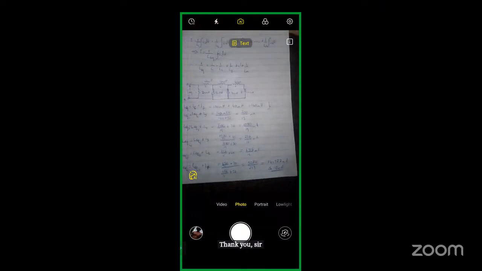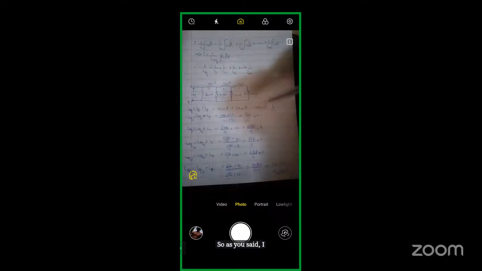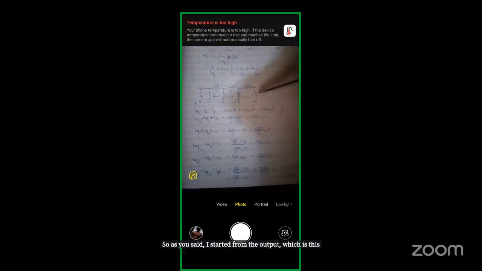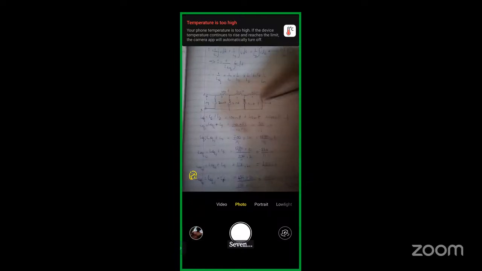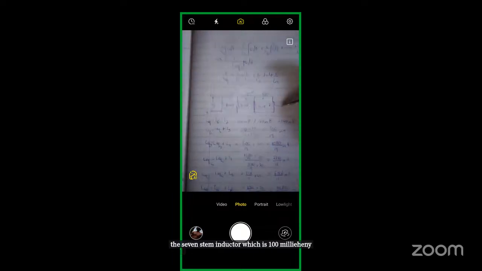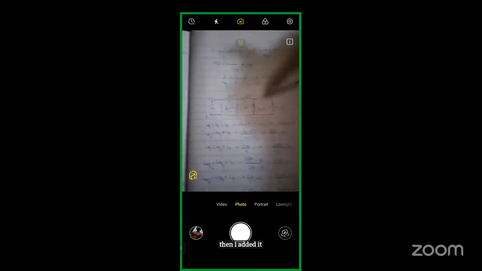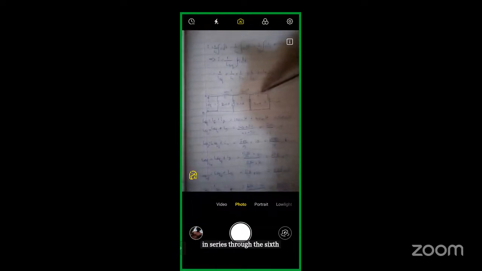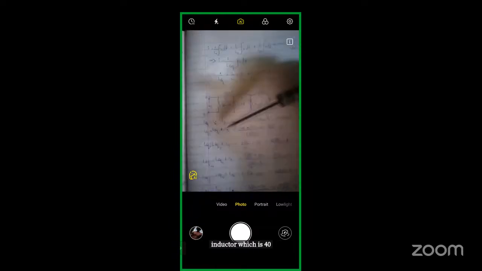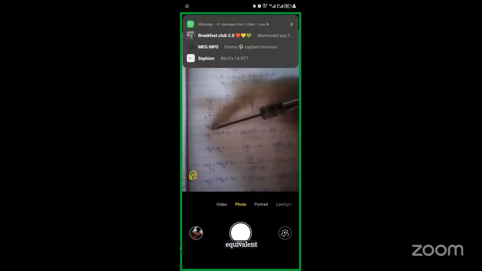Thank you, sir. So as you said, I started from the output, which is the seventh inductor, which is 100 millihenry. Then I added it in series to the sixth inductor, which is 40 millihenry, to get my first equivalent, that is LQ1.